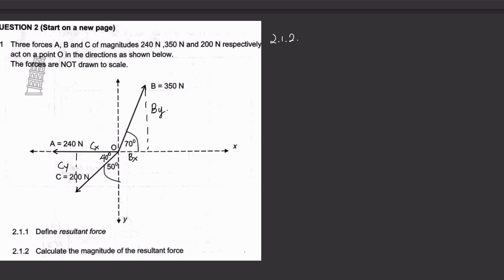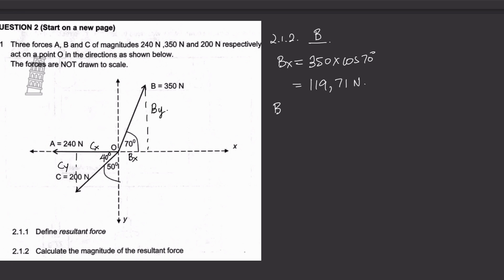Let's look at B. For B, we'll work out the x component. Bx equals 350 times cos 70 degrees. So 350 times cos of 70 is equal to 119.71 newtons.